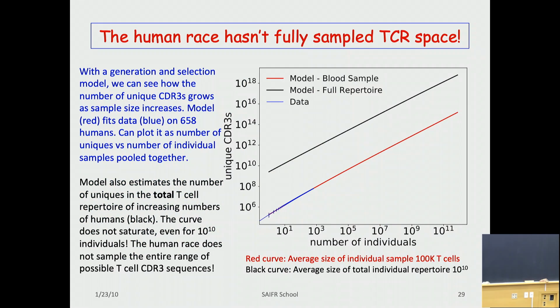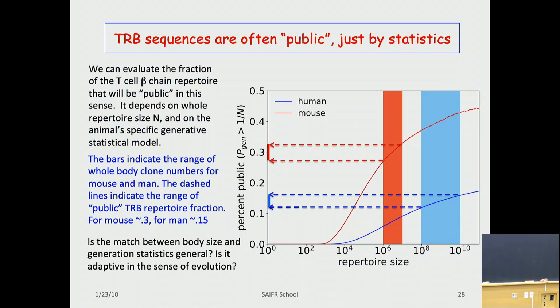Okay, so there are two final things I want to say before I stop. We can evaluate the fraction of the T-cell beta chain repertoire that will be public.